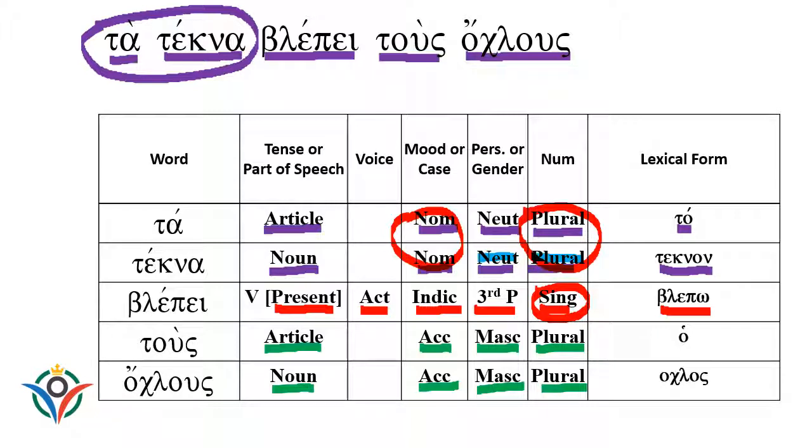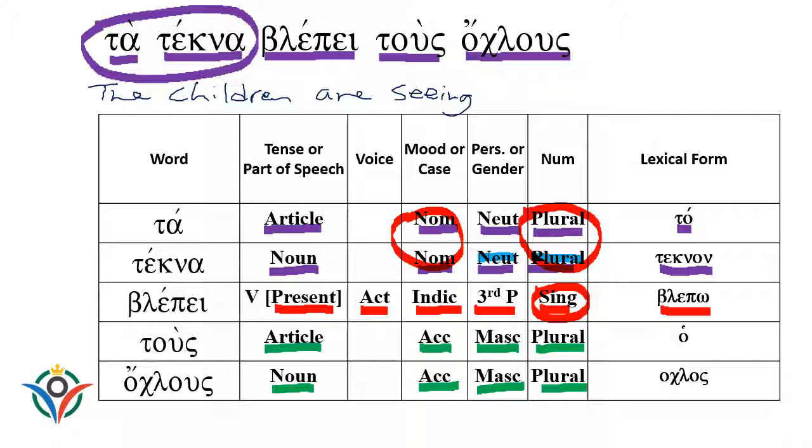So let's translate this verse together. So ta tekna, is the children. Blepei, the children are seeing.